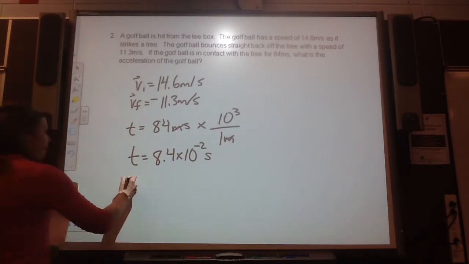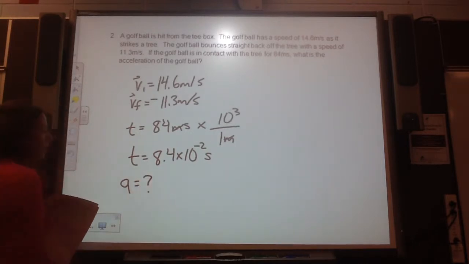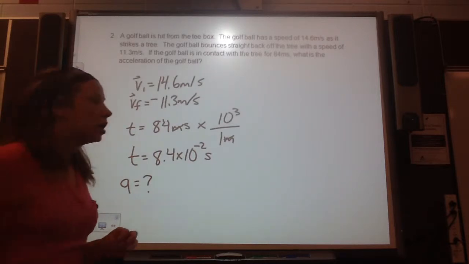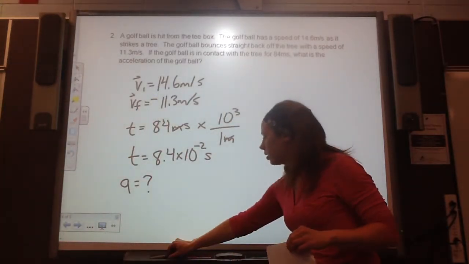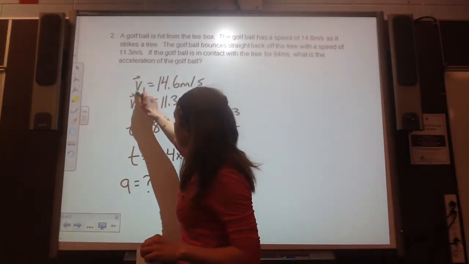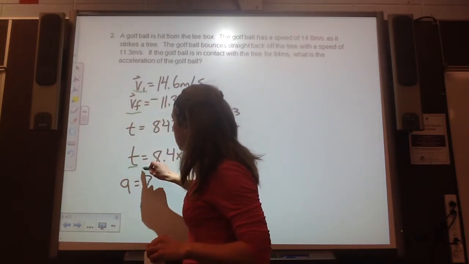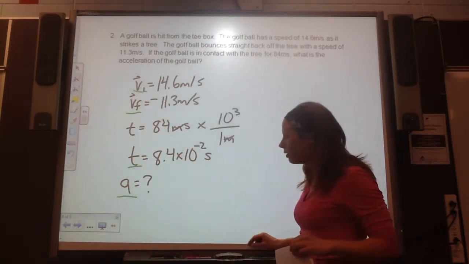Then I'm trying to find A is equal to question mark. So now you look at your formulas, see if you can find a formula that has Vi, Vf, T, and A. Nothing more, nothing less.